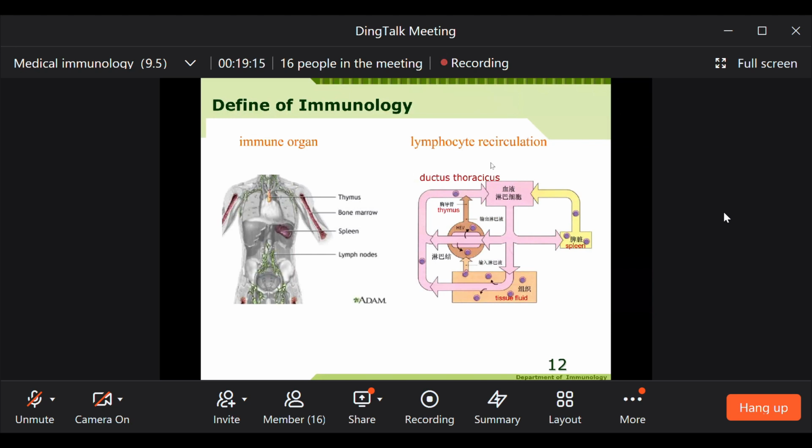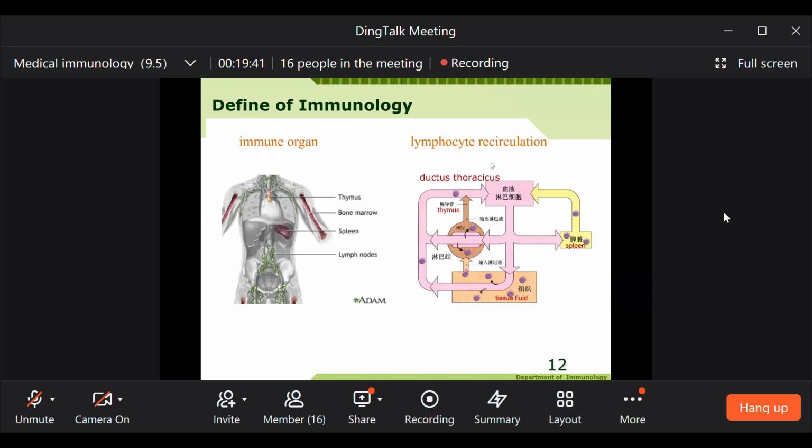So the vessels connect each organ and make the immune system totally integrated in our bodies.